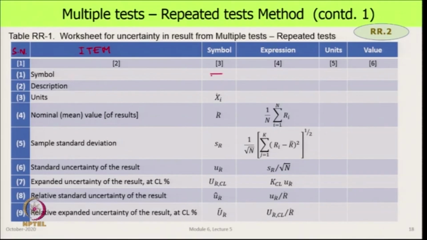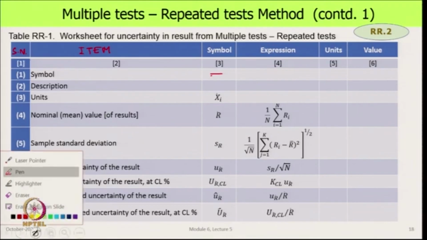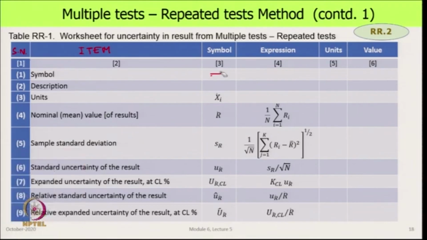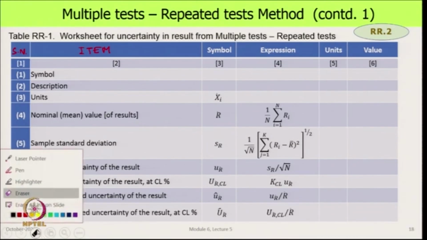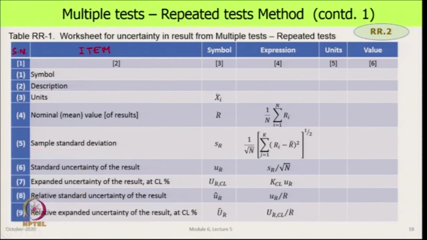So, here we can write down what is the symbol for that parameter. Length would be L, diameter would be D, whatever way. Then we write down if there is any expression for it, which there is none, must write the units and write down there is no question of a value at this point.